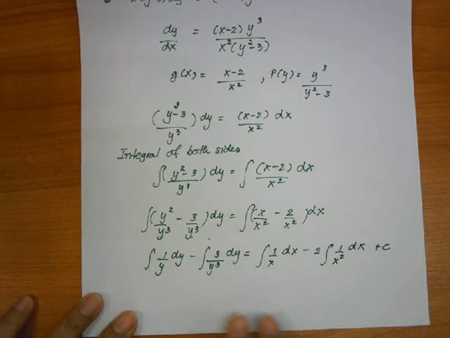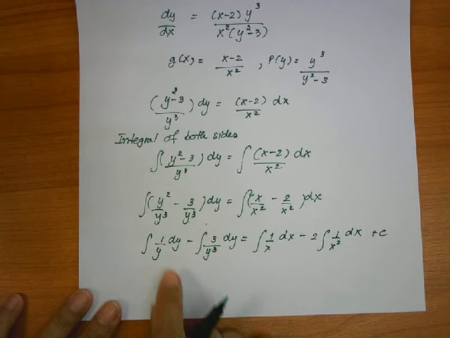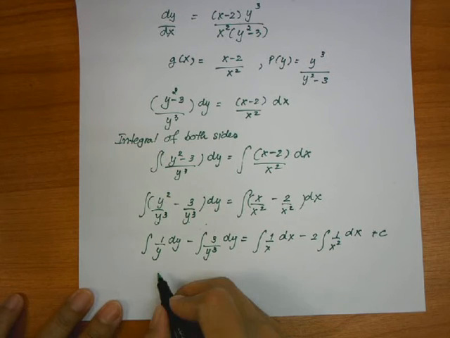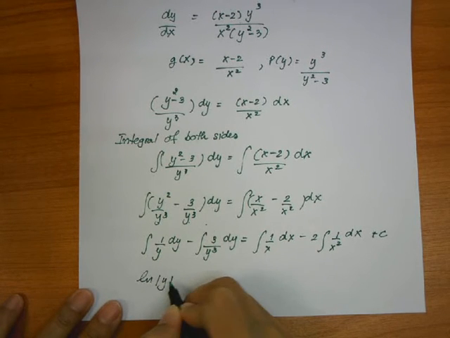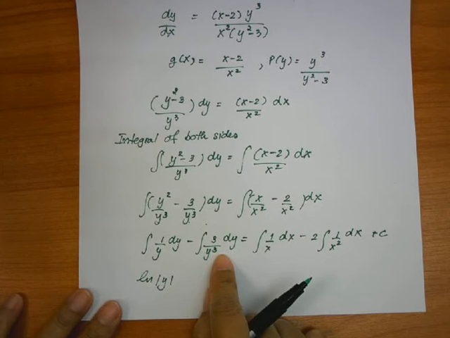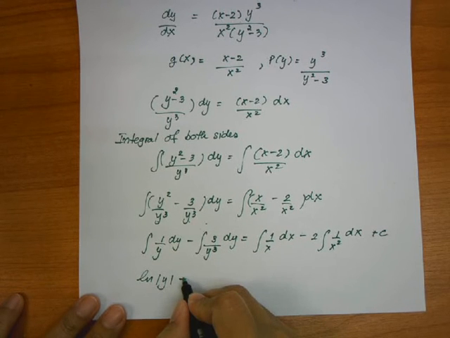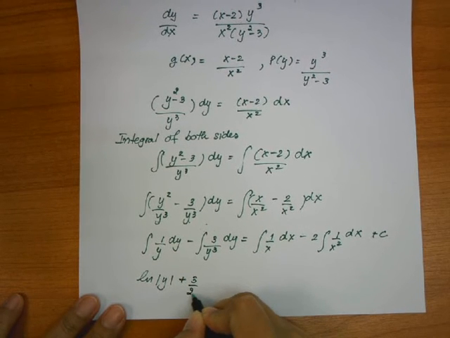The first term, what would you get when we do the integral? The integral of 1 over y dy is equal to ln y. The integral of 1 over y to the power 3 dy is equal to, right?